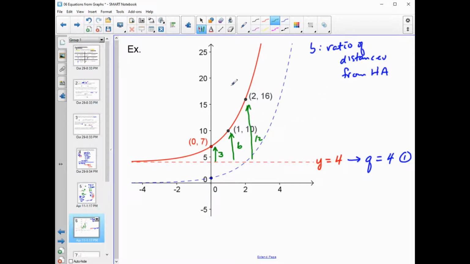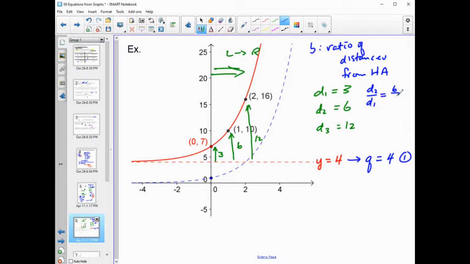So remember, just like we did before, we're going to read these from left to right. So that means what I'm going to label as distance 1 is going to be that 3. Distance 2 is going to be that 6. Distance 3 is going to be that 12. So what is the second distance over the first distance?